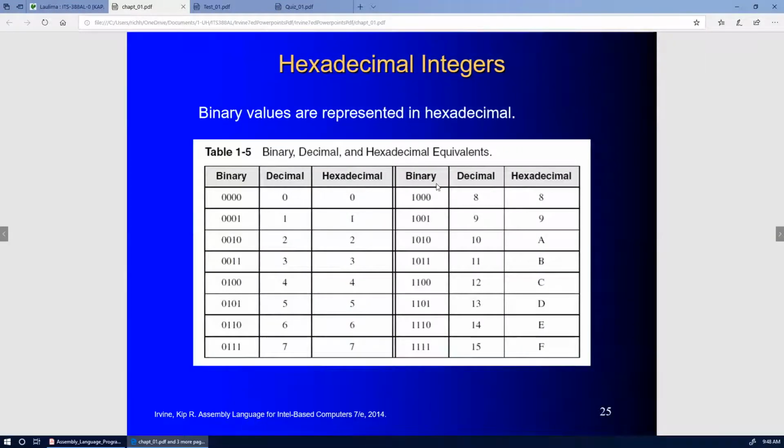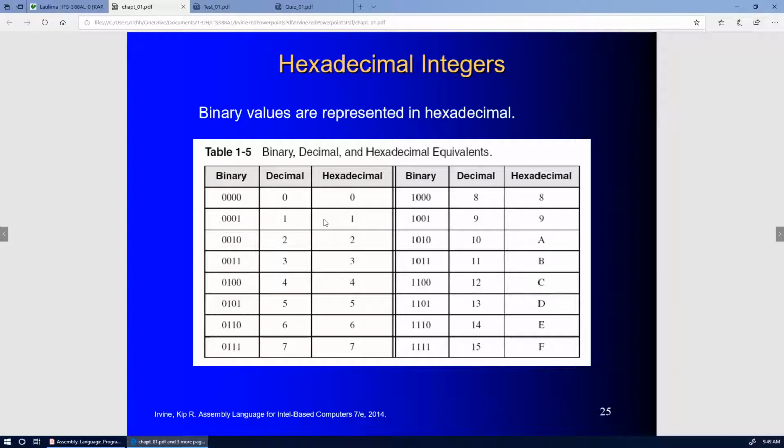And so the conversion from hexadecimal to decimal is straightforward. You can just count 0, 1, 2, 3, 4, 5, 6, 7 all the way up to 15.